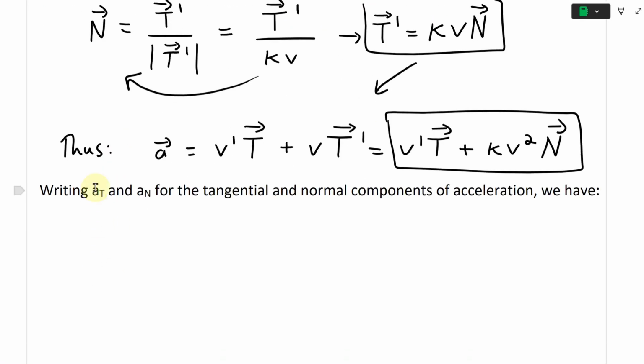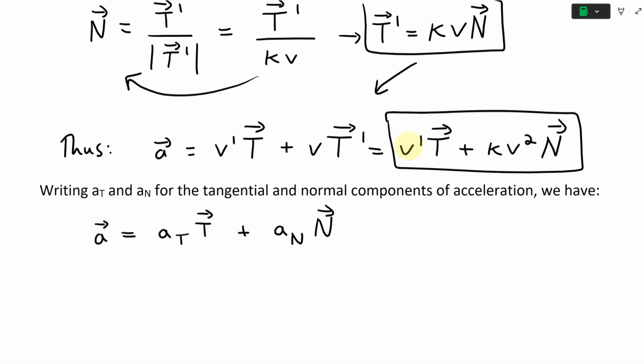So now if we write a subscript capital T and a subscript capital N for the tangential and normal components of acceleration, we get a is equal to a tangential, and that's just the derivative of the speed. So that's going to be a_T times T, the unit tangent vector, plus a_N, the normal component, times the unit normal vector.